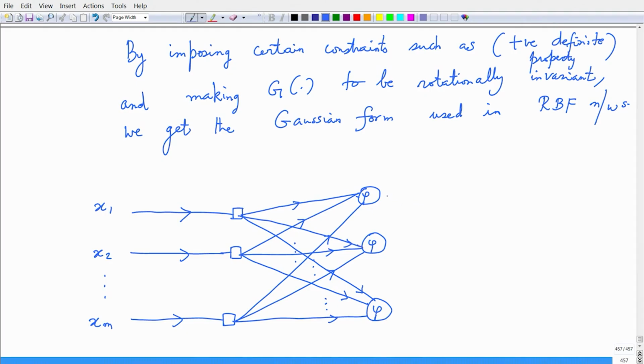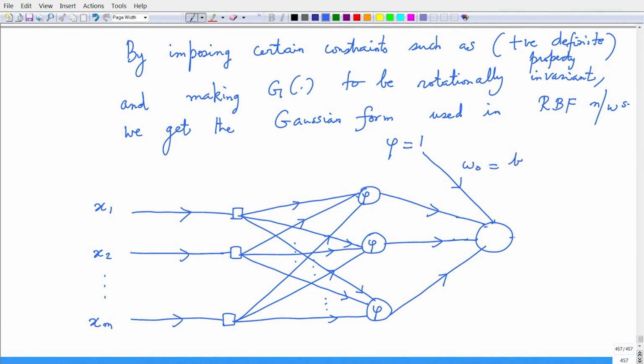Okay, and then at the output, I combine all these outputs from the RBF units, and I can also bring in this bias, and that is my output unit. Okay, this is my hidden layer and this is my input.